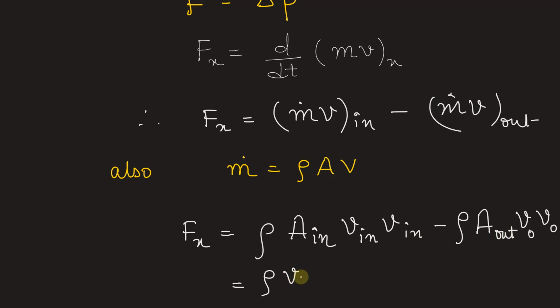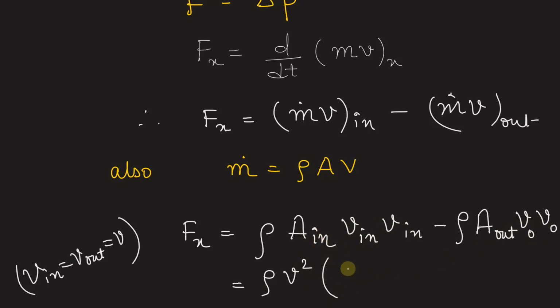So we can take velocity also common. Let's write V in is equal to V out is equal to V. This will be equal to, so this is V square because V in into V in is V square, same here, and we are taking common.